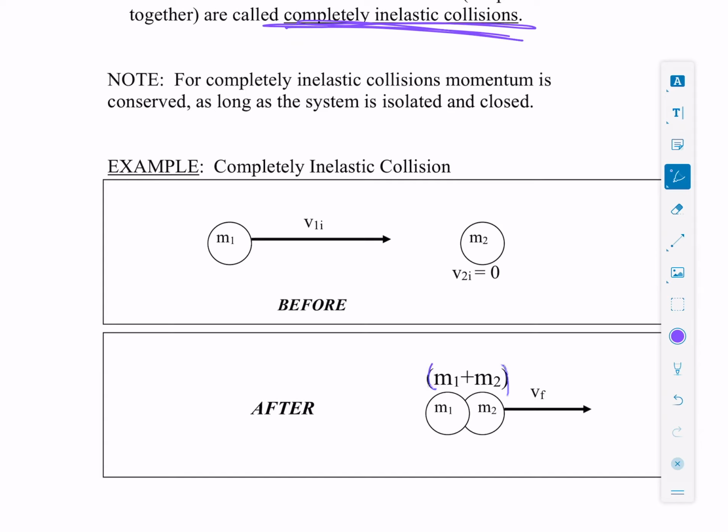So now, instead of the problem saying M1 collides with M2 and they stick together, the question can just say M1 collides in a completely inelastic collision. And what you have to know that means is that they stick together. So it won't actually say they stick together. It'll say it's a completely inelastic collision, and that just means that it does stick together.